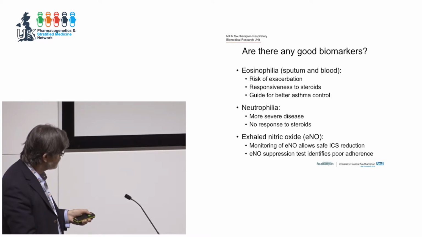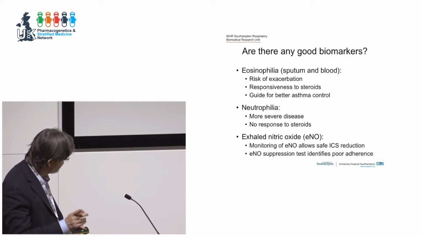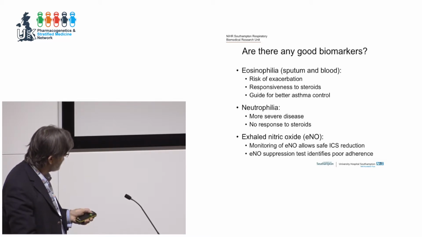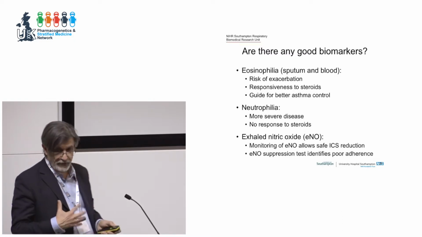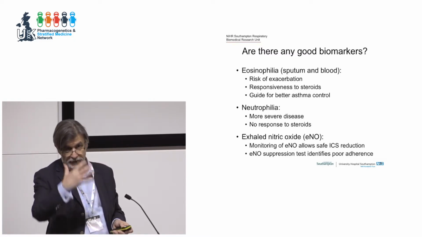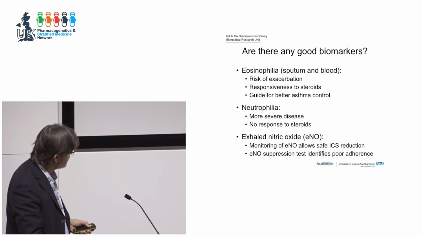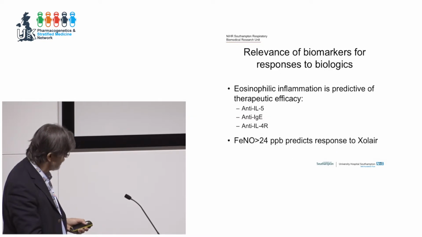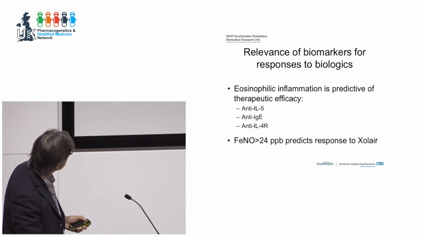But another thing which we've now recently found through an MRC collaboration that John referred to this morning, we can test whether a patient is adherent to treatment by looking at whether they suppress their exhaled nitric oxide.